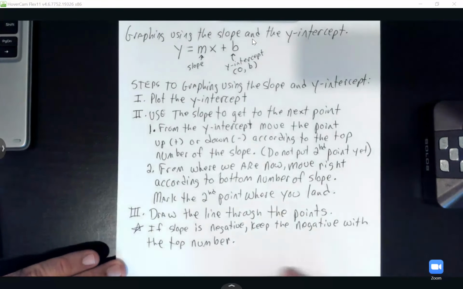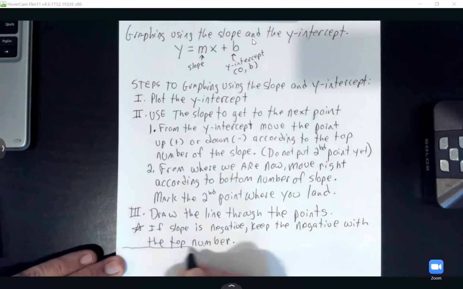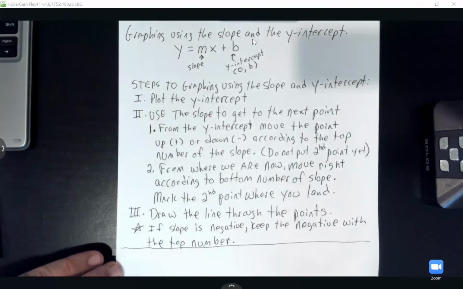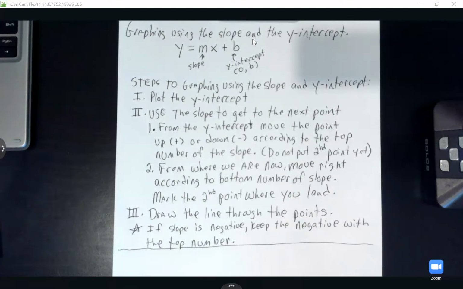Now, this method is wonderful if these problems are already solved. But if they're not solved, then you got to solve it for the y to use this method. So that's the only downfall, is if it's not already solved for the y. But y'all, if it's already solved for the y, this is the most wonderful method there is.